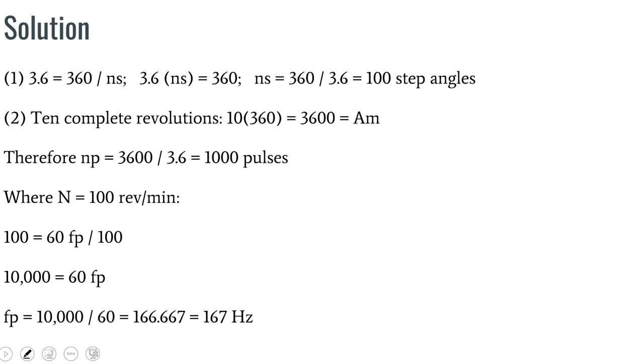So we know the step angle is 3.6. If you want to calculate the number of steps, just put that in the equation, and we end up with 100 steps.